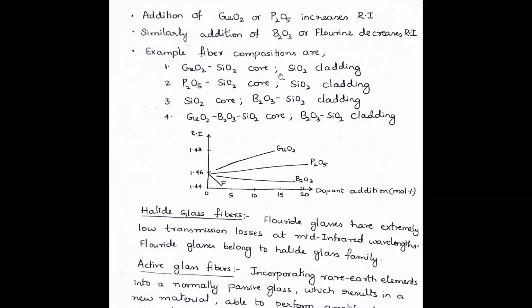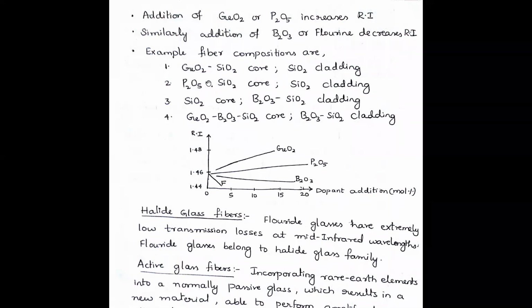Okay, right then. I'll be continuing with the presentation now. Addition of dopants will increase or decrease the refractive index profile. So you can see here we have compositions like GeO2, SiO2, which are used to fabricate the core part of your optical fiber, and only SiO2 will act as the cladding in that case.